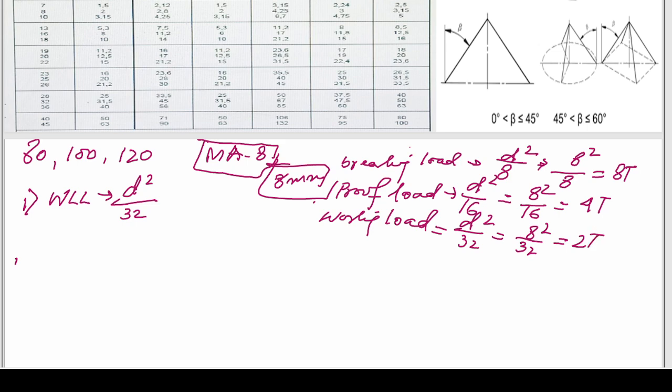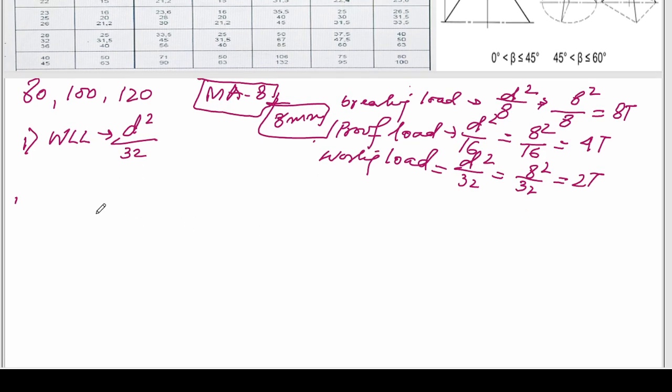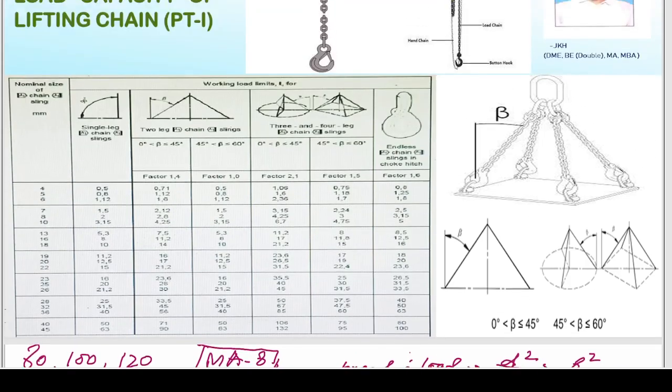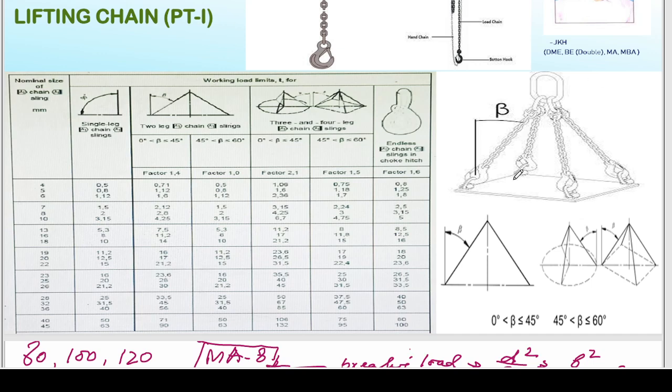Before analyzing the safe working load, we should know some other things also, because in many cases we use multiple chains and they form an angle beta from the vertical.